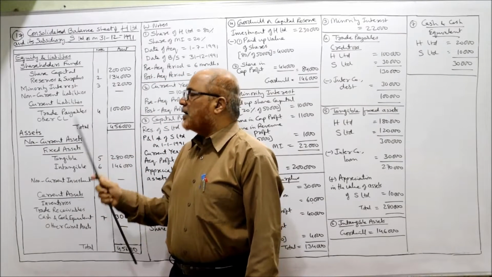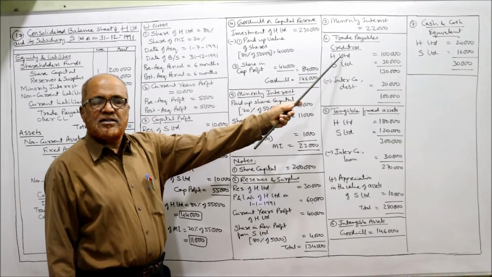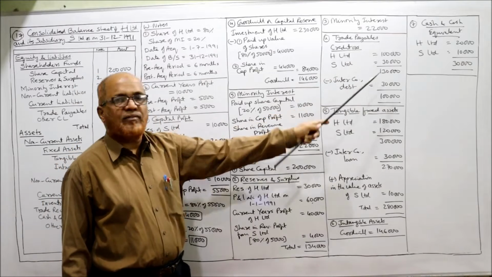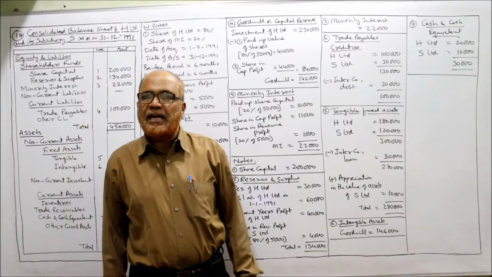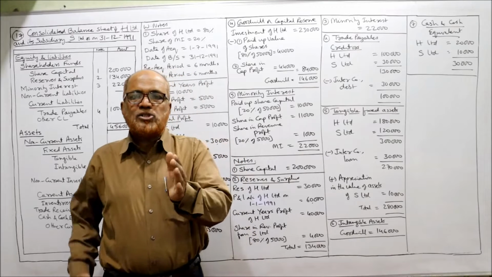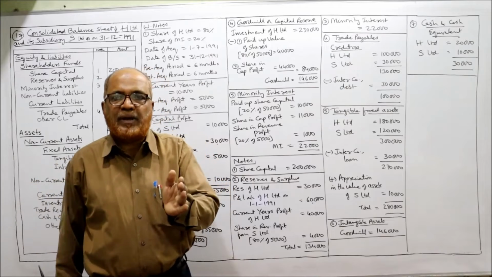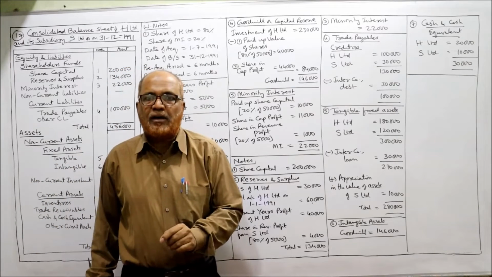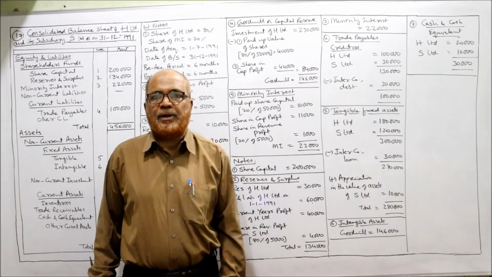Now trade payable, creditors. In creditors, we add up the creditors of H Limited and S Limited, 1,30,000. From this we deduct intercompany debt. Intercompany debt means holding company has given a loan to subsidiary company, and that loan is included in sundry assets of holding company, and that loan amount is included in creditors of subsidiary company.